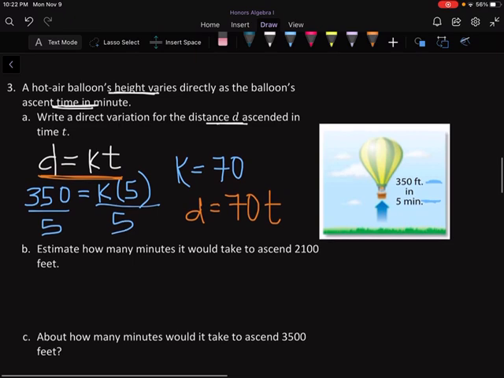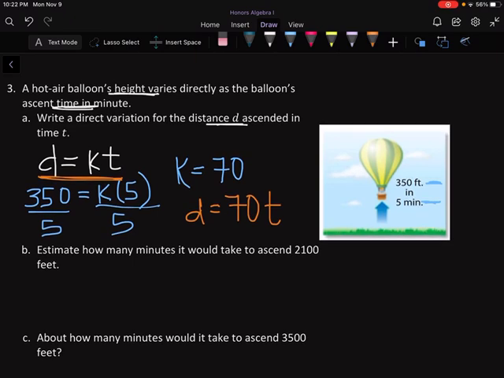Estimate how many minutes it would take to ascend 2,100 feet. So when will the distance be 2,100 feet? Here we're plugging in for d, right? So d is equal to 70t.